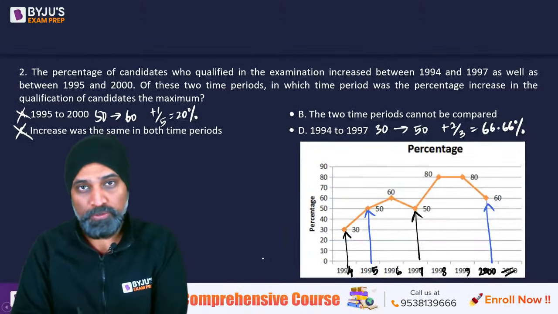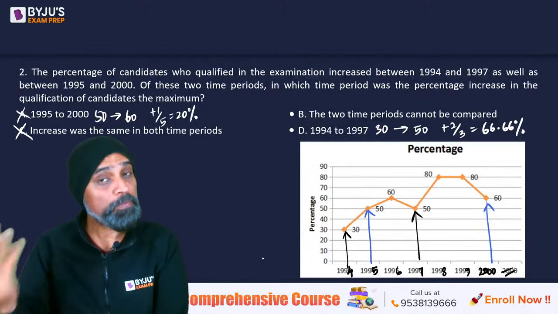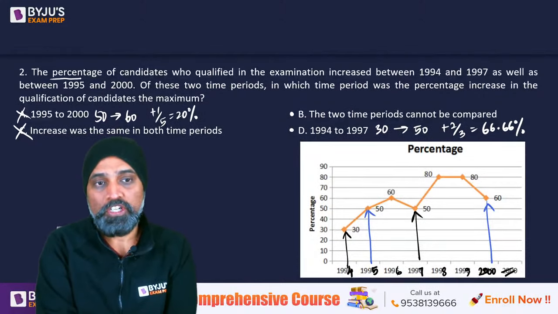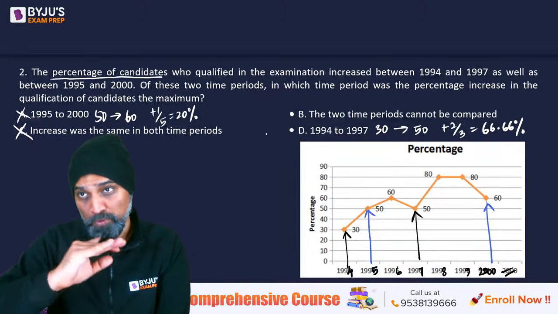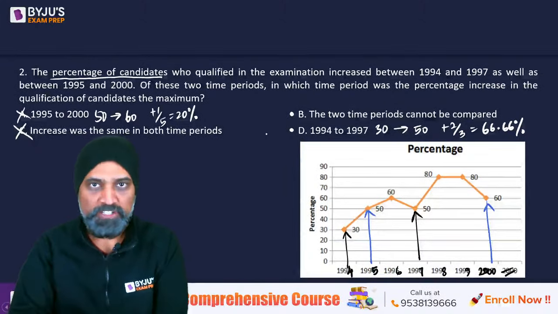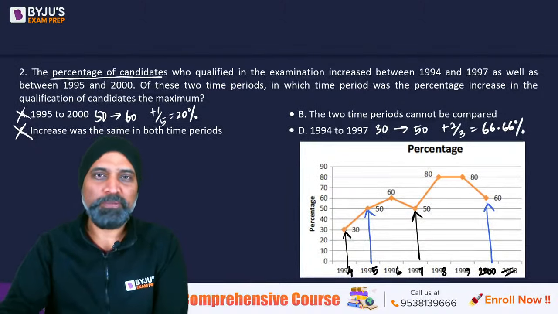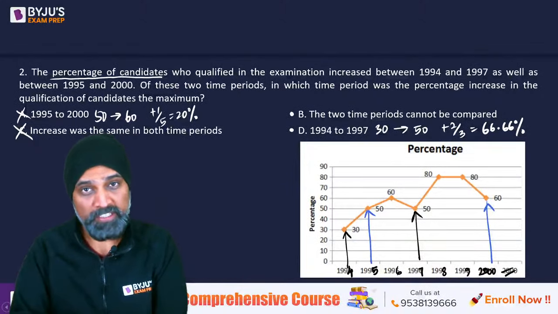Since we don't know if the number of candidates appearing every year has been same, we would not be able to calculate that. But the question is talking about percentage of candidates who qualified the exam, so we have to figure out the percentage change of that percentage. So if it's 30% to 50%, I don't care what the base is, right? I don't care how many students appeared for the exam.